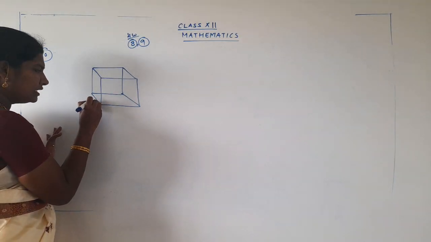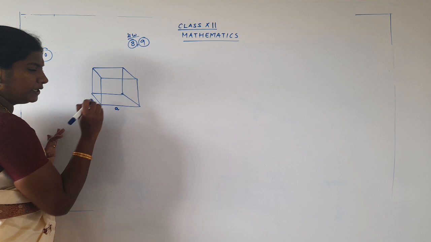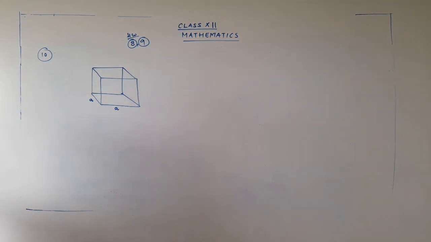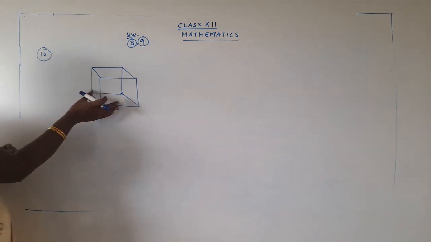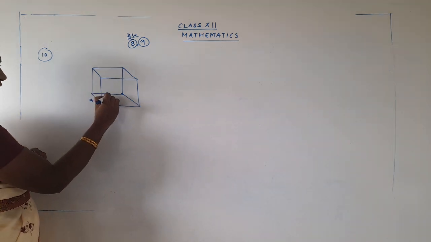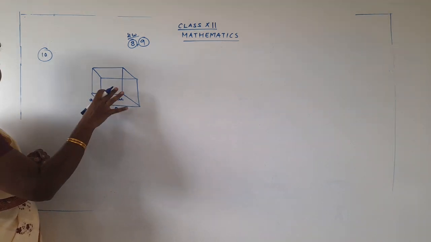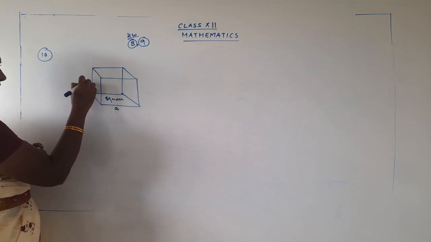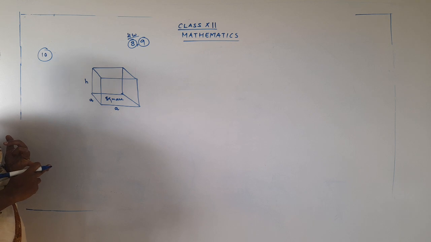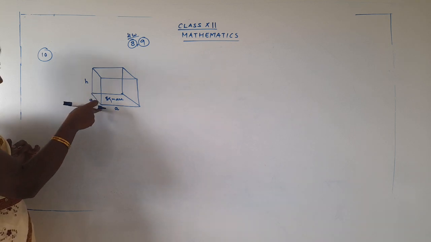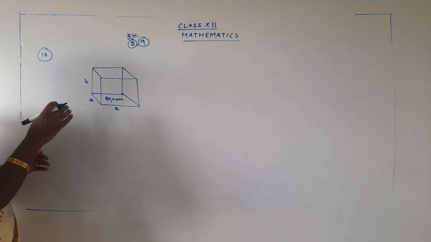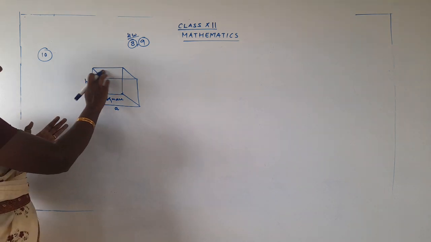That means if this is A, this is also going to be A. The base part is a square, so you will have the length and the breadth same. So I have taken the length as A, the breadth as A and the height as H. And here we have only the open, this is the open part.